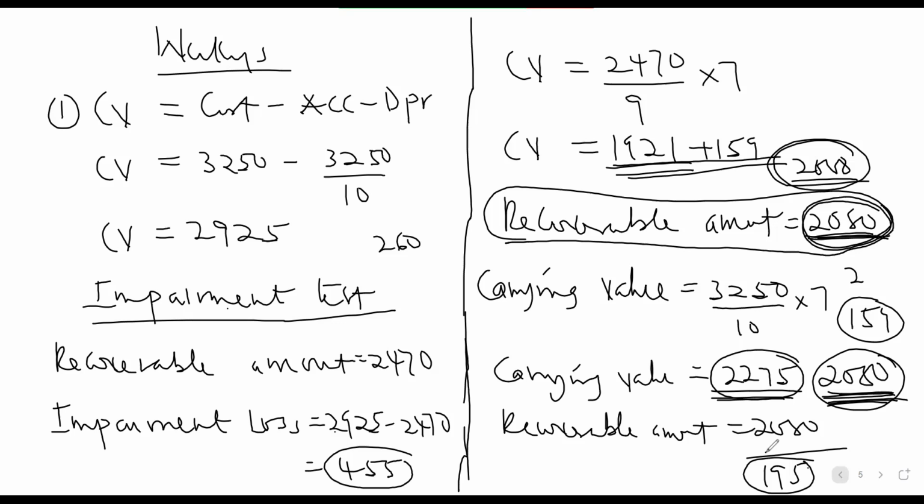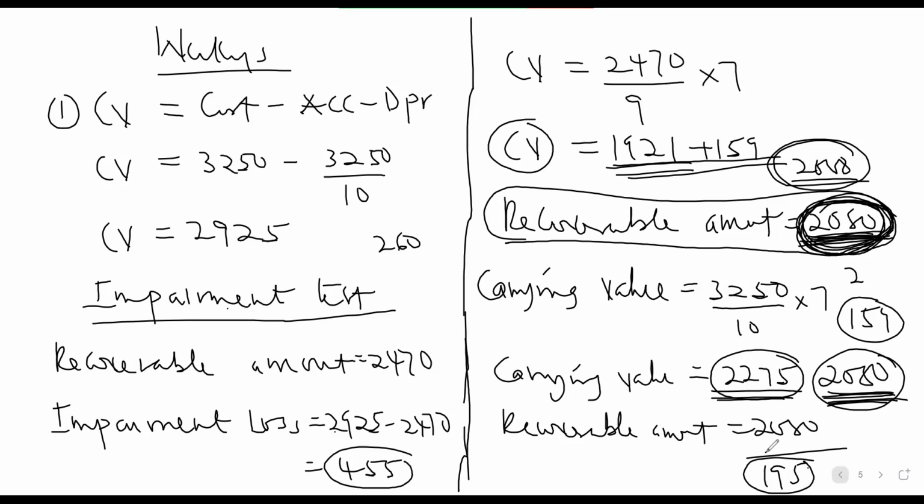But what you are going to do is that the asset should be carried at 2080. So you just ask yourself, what is the carrying value of the asset in the books, and how much should I add to that value before getting the 2080?